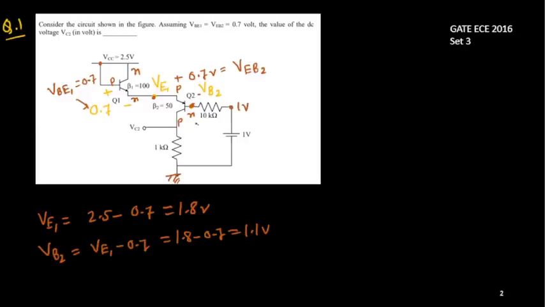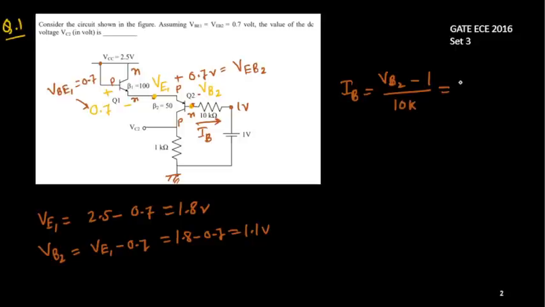So what is the current to this side? This is your IB, and I can calculate IB easily. VB2 minus this potential, that is 1.1 minus 1, upon the 10 kilo ohm.